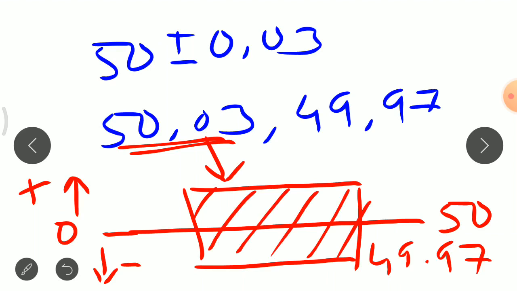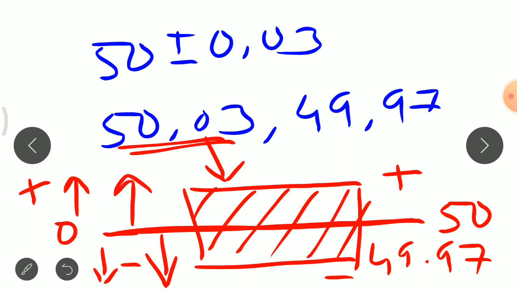But the main point here is that there are lines in both the positive and negative zones, that is, from the basic size it is in the positive zone and also in the negative zone. So this type of tolerance is always called bilateral tolerance, because the values are in both positive and negative dimensions.